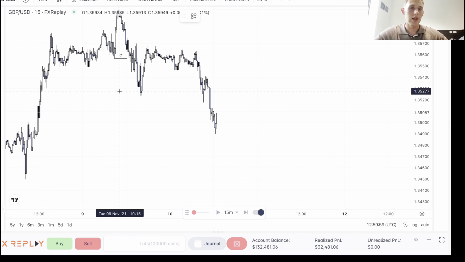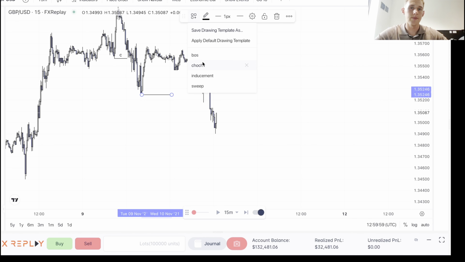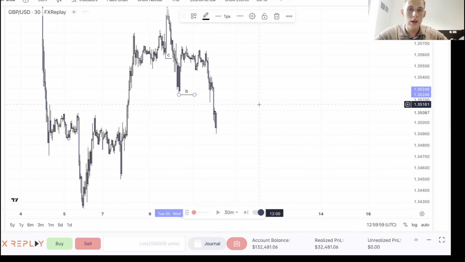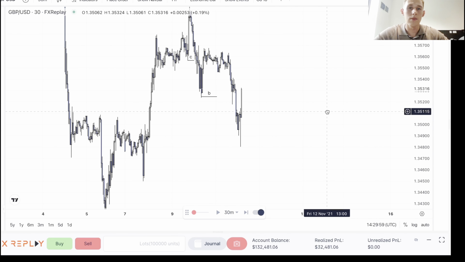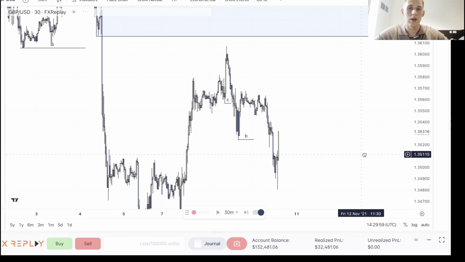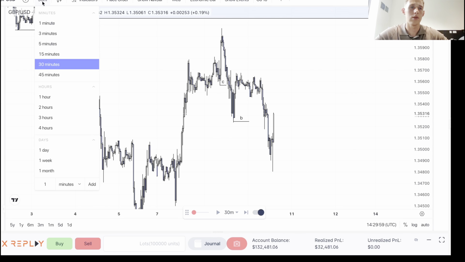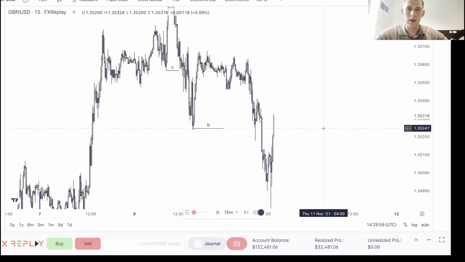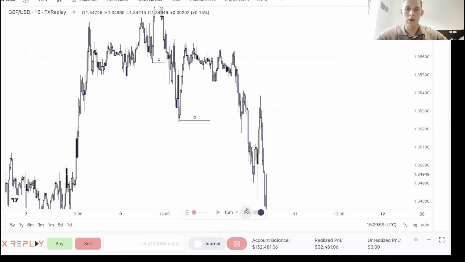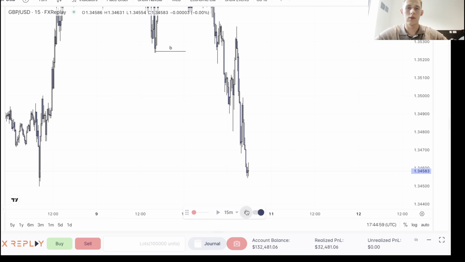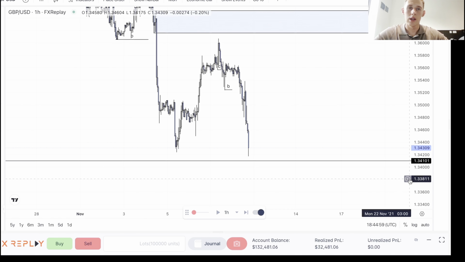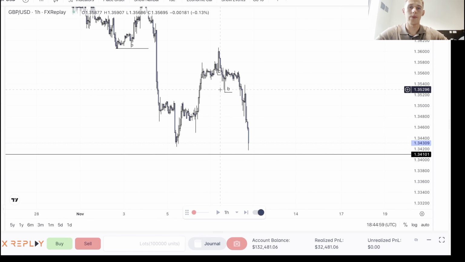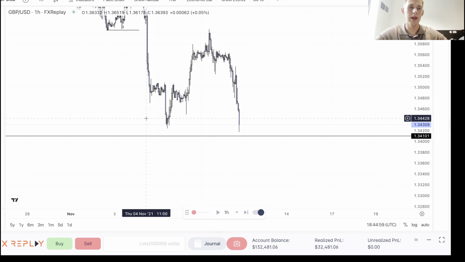We've now seen another break of structure, like so. Next sell level. Yeah, so there wasn't really anything valid there for me. Analysis was good, but price never gave a valid confirmation for me.